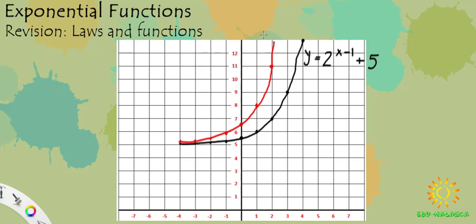Go like this, and this is the graph of y is equal to 3 times 2 to the power of x minus 1 plus 5. We've just answered question 3.